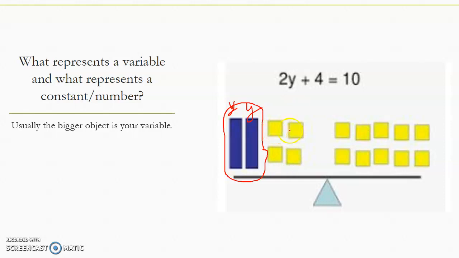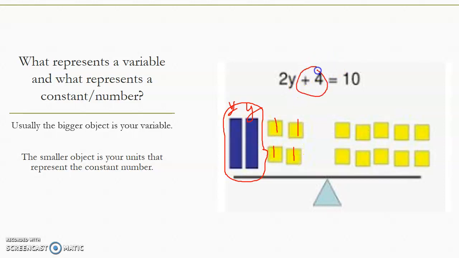And then each of these smaller squares, the smaller objects, represent units. So for example, this is going to be 1, 1, 1, 1. Together that makes a total of positive 4. And then over here, I have 10 units or squares.